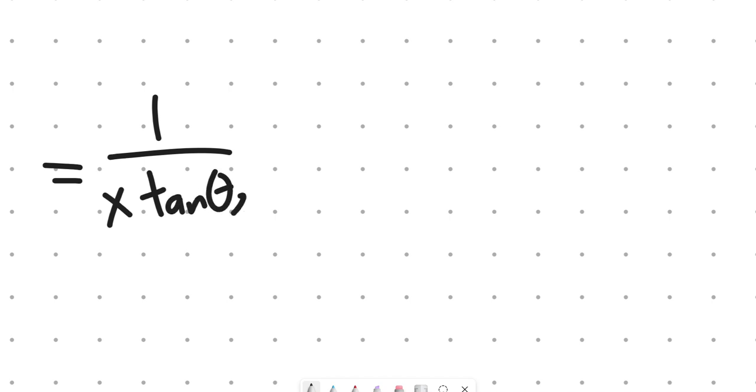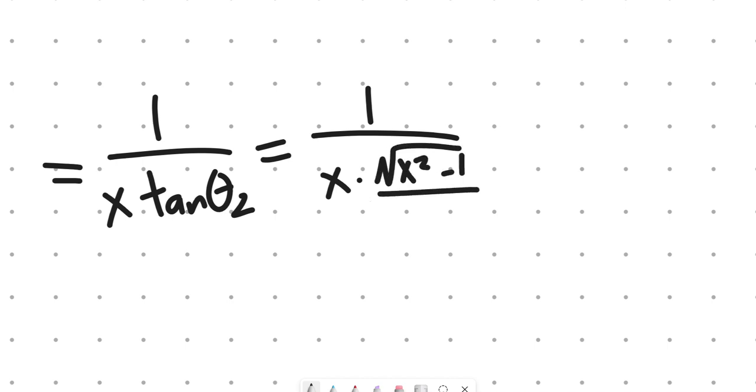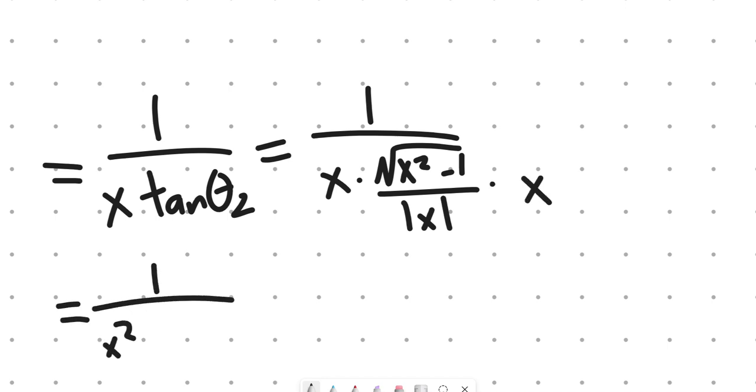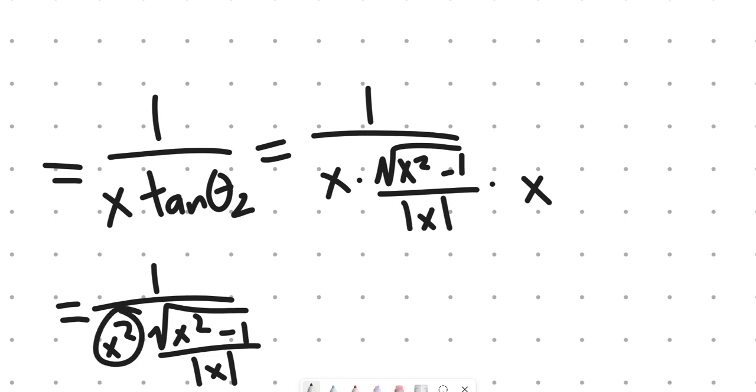Okay, so this is our expression for tangent of theta 2. Now let's put that into the final expression, 1 over x tangent of theta 2, which should be the derivative of the inverse secant. This would equal 1 over x times the square root of x squared minus 1 over the absolute value of x times x, which means 1 over x squared times the square root of x squared minus 1 over the absolute value of x. x squared is always positive on all of the real numbers, so we can mathematically cancel one of the x's here, which becomes the absolute value of x.